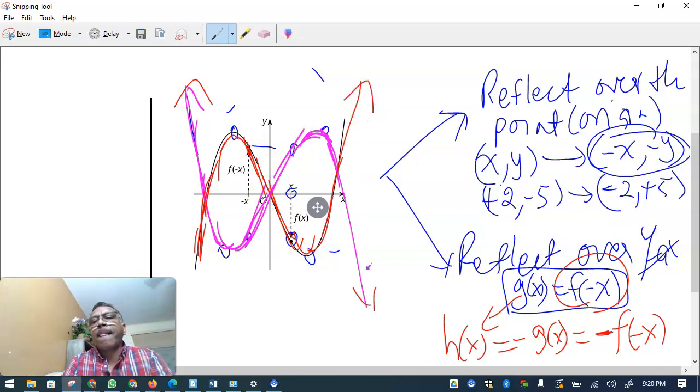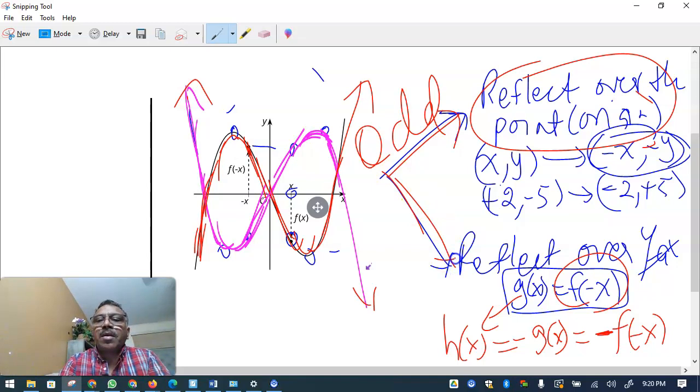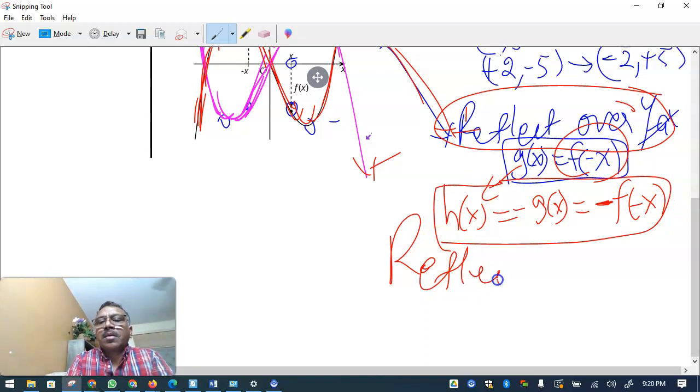So that's why there are two ways. One is to reflect over the origin, which is one way to say that it is an odd function, because you get back the same thing. Or you do two parts. One is you reflect over the y-axis, and then you also reflect over the x-axis.